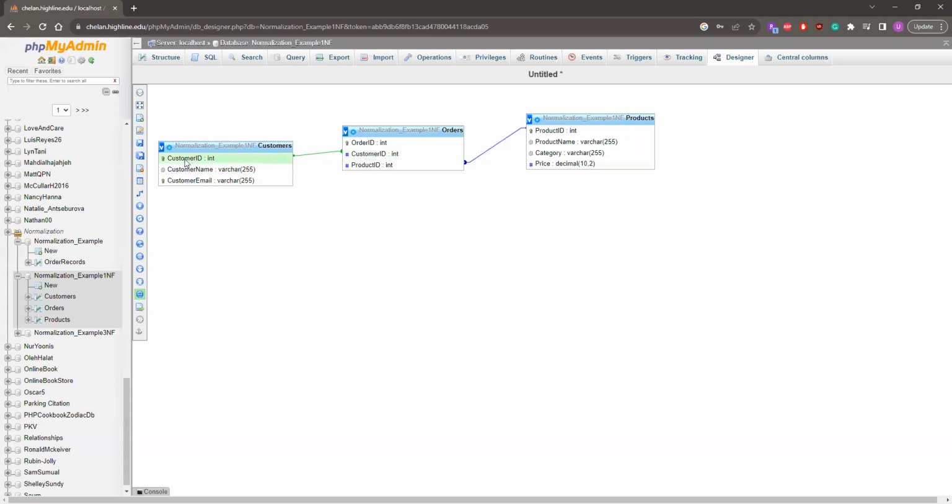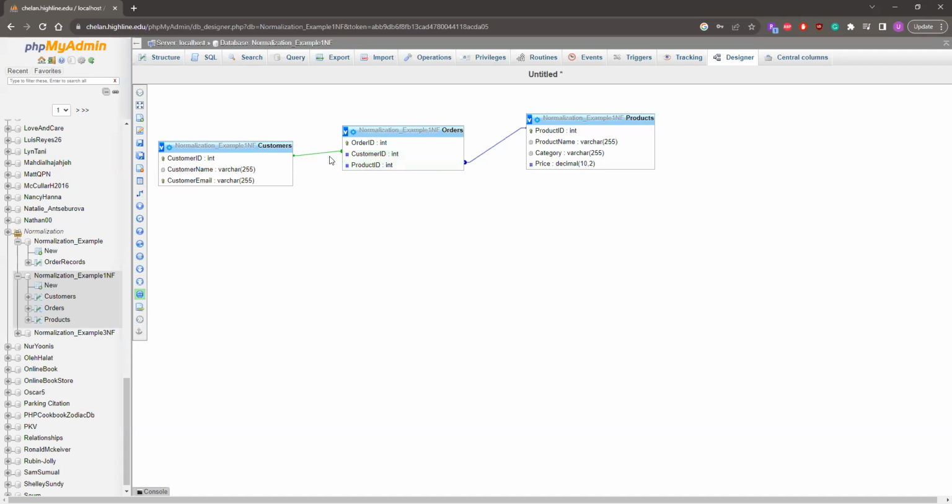This is the primary key in customers, but if you use it in the orders table, it becomes the foreign key. Same thing with products to orders: we have a primary key, product ID, and if you're using that primary key somewhere else to connect the table, that would be the foreign key. So product ID is a foreign key here, and the primary key for the orders table is order ID. All right.